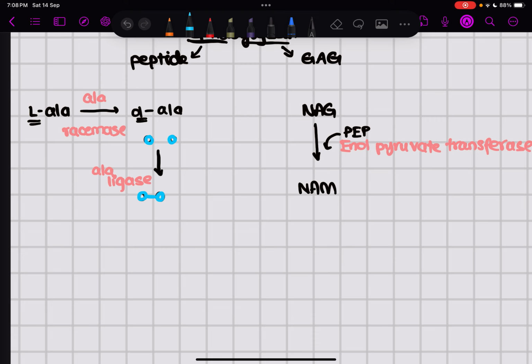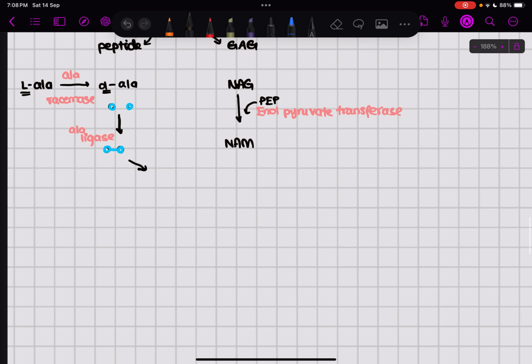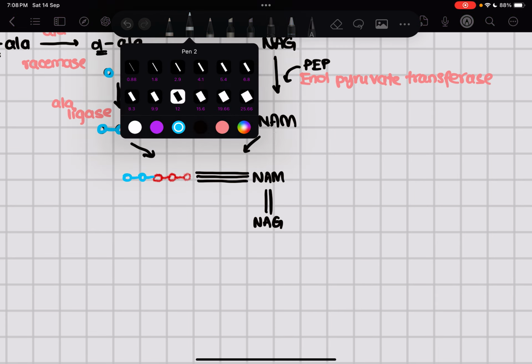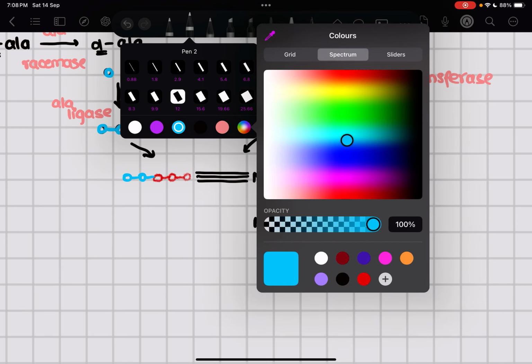Now we are supposed to assemble these. How does the assembling occur? Here, the assembling occurs like this. There is the NAM, a double bond and a NAG. Here we have a triple bond, and we have got other peptides about which we have no idea. Then we have got this light blue colored alanine, and we have got another thing which is glycine.